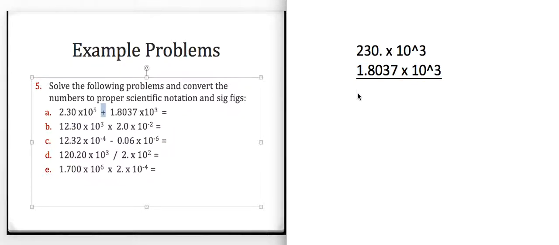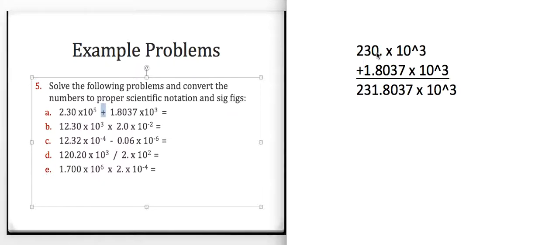It would be 231.8037 times 10 to the third. So notice what I did. All I did was add the coefficients, and then my exponents stay the same. Now we have to go back and think about what our significant digits rules would be. I have to go to the least precise, because remember, I added these two.